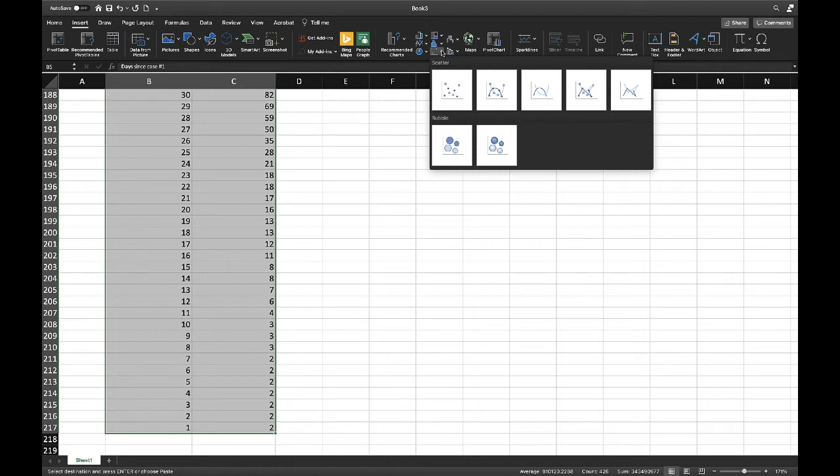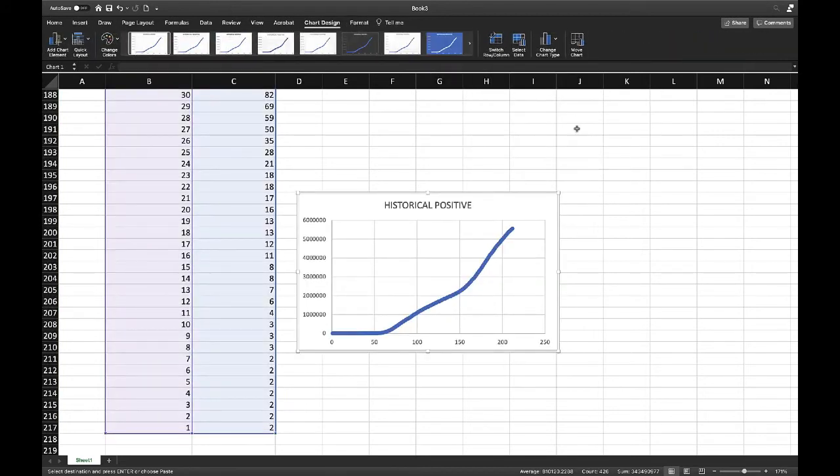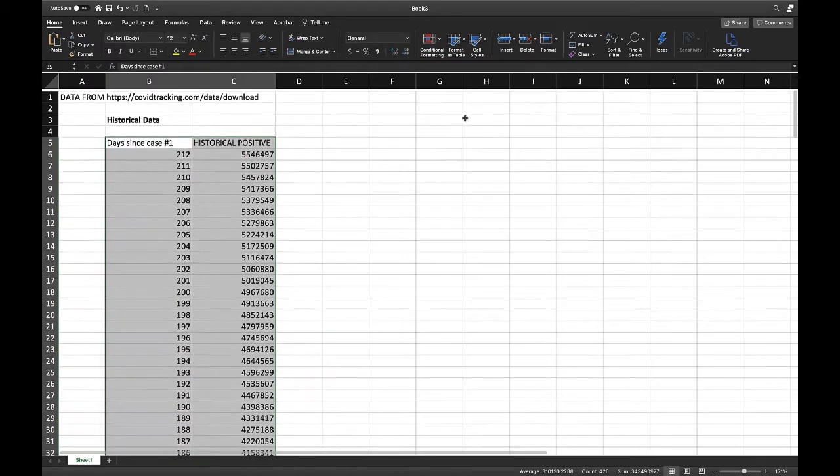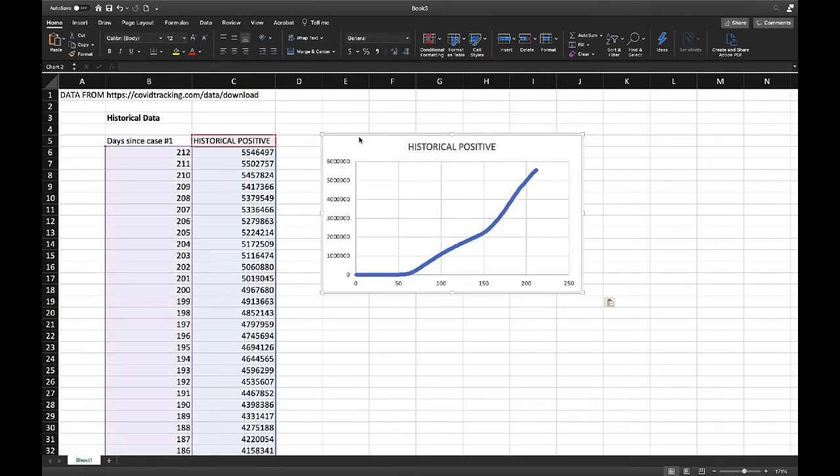The reason we use XY is because we have 2 continuous variables, one on the x-axis, one on the y-axis. So I'll pick one of the options. There's our graph. I'm going to move it up to the top so we can look at it up here. All right, so we have a curve now.